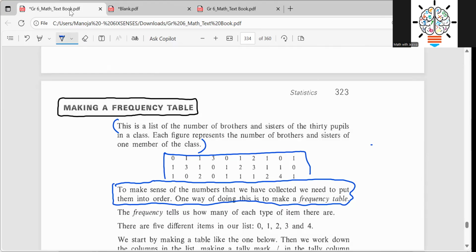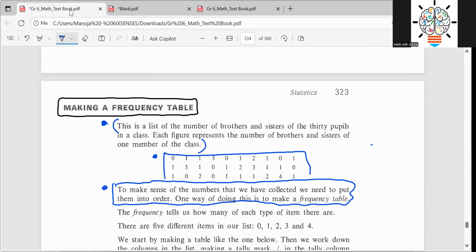So one way of doing this is to make a frequency table, right? So you can copy down this point, the whole thing, and then you write down this thing and this thing. So now you know why we need to have a frequency table. You have the raw data, and that is just collected from your research, or whatever it is. Then we are going to keep them in order, right?